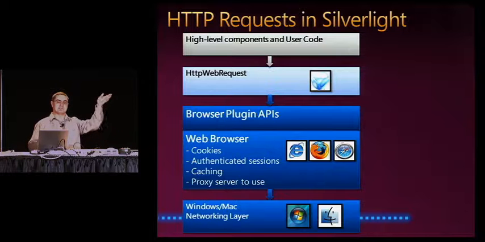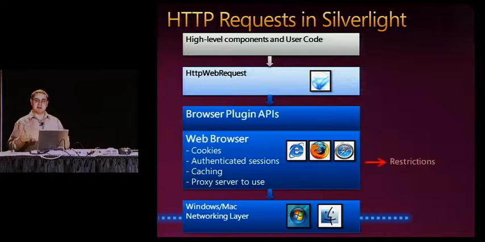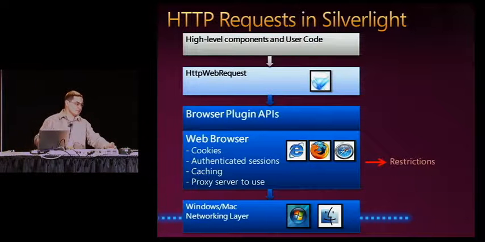And so Silverlight doesn't directly talk to the networking layer. The browsers impose some restrictions. Specifically, they don't allow you to override most of the things that they're handling. And then the plugin APIs impose some further restrictions. Not all of the browser functionality is actually exposed through those APIs.